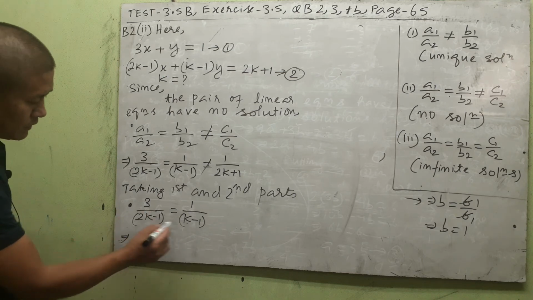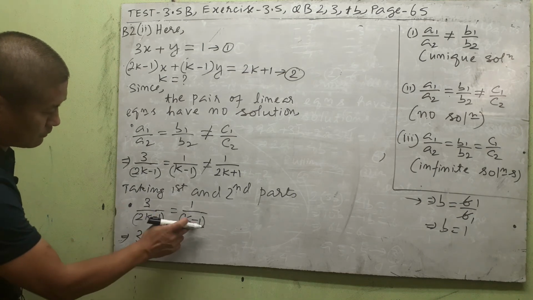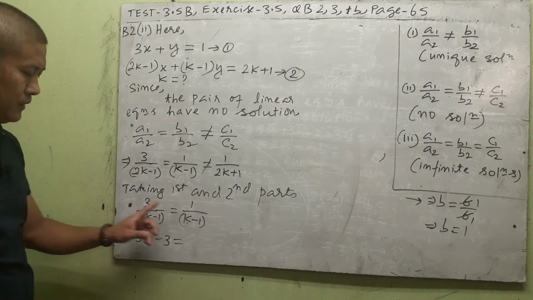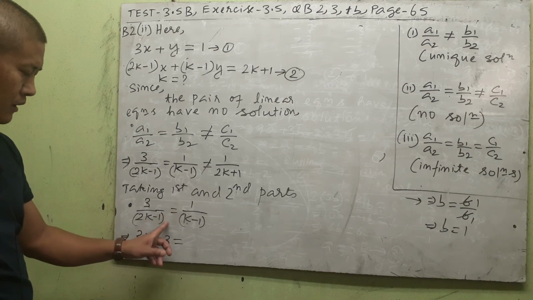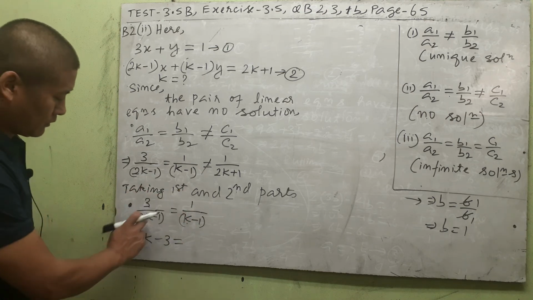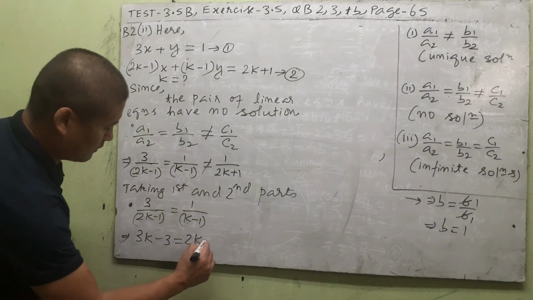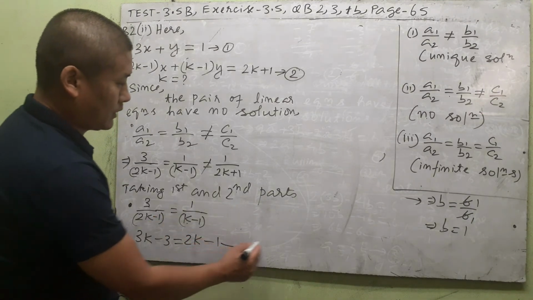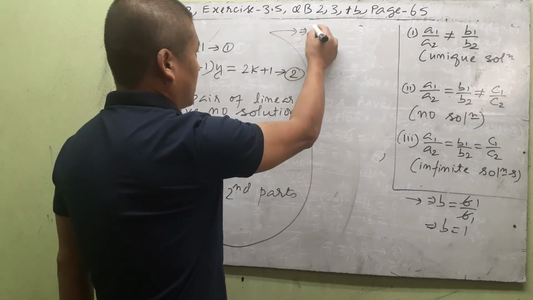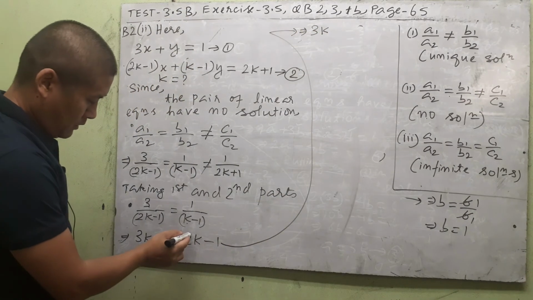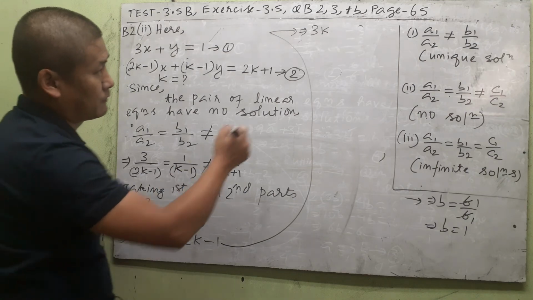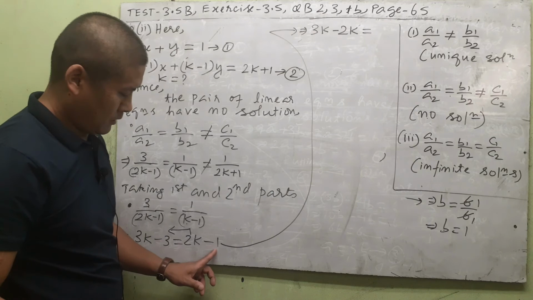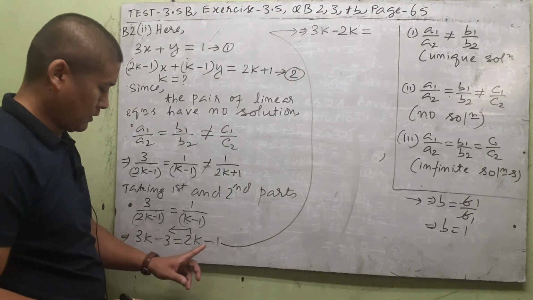Cross multiply: 3 into k is 3k. Plus and the minus is minus. 3 ones are 3. After that, equal. Then 1 into 2k, 2k. Minus 1 into 1, 1. Now bring the k terms to one side. 3k, just keep it there. 2k has no sign, meaning plus 2k; bring it to the left side, so minus 2k. After that put the equal sign. Minus 1 is still here, so just wait here.